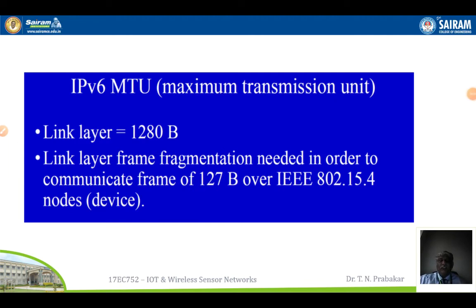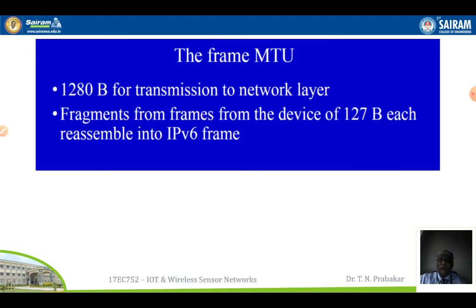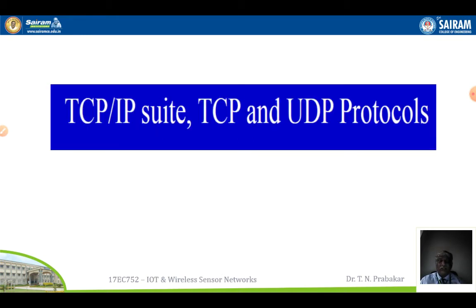And the IPv6 MTU, that is the maximum transmission unit, at the link layer is going to be 1280 bytes, and link layer frame fragmentation is needed in order to match the frame size. Of course, some sort of fragmentation is needed here, right? And this is the frame MTU, the same thing, right? I think we can go to the next slide.